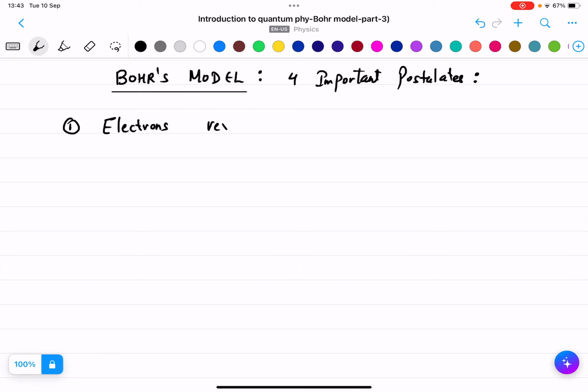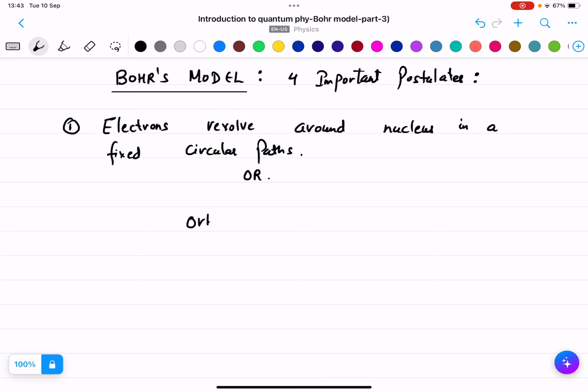Electrons revolve around the nucleus in fixed circular paths, or I can say orbits, and they are basically in a stationary state.